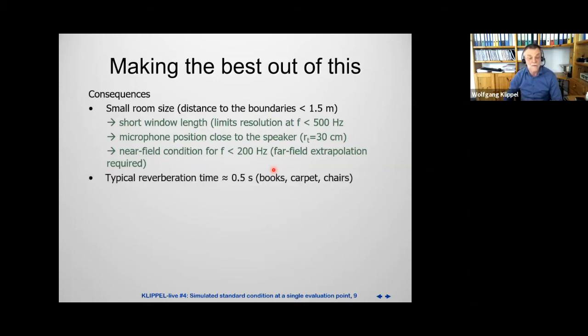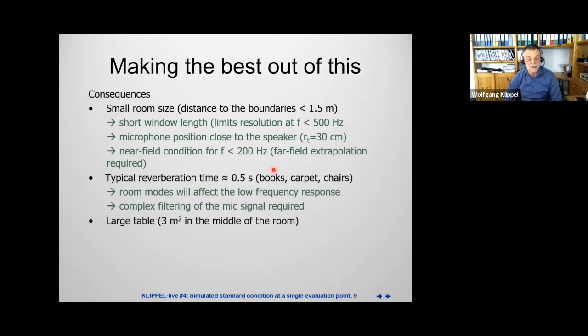Yeah, how can we handle the reverberation time? We will see some room modes. They will affect very much our low frequency response. And maybe we can solve this with complex filtering of the microphone signal.